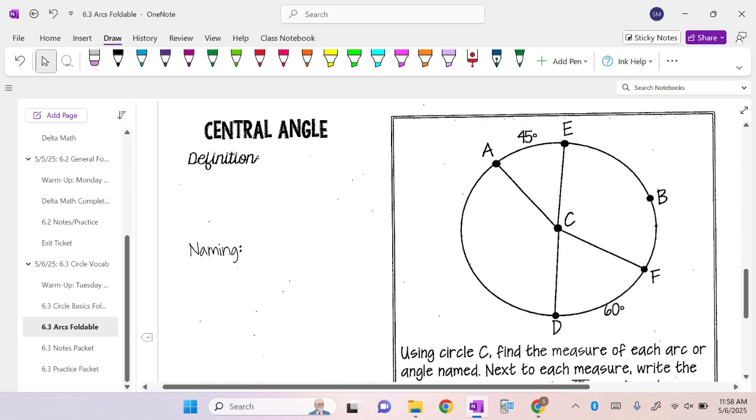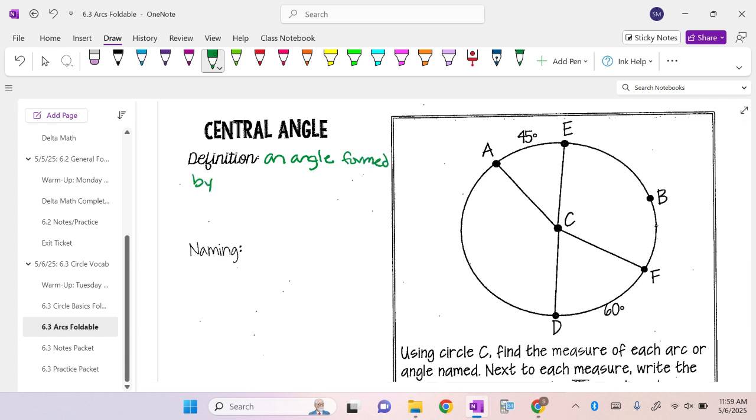So, when I'm talking about a central angle, I'm talking about an angle formed by two radii. And remember, radii is just the plural of radius.